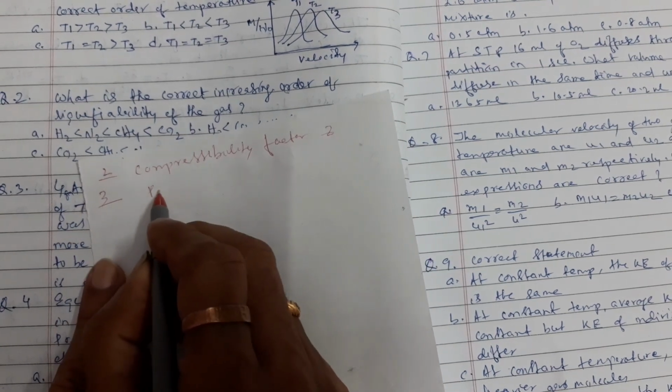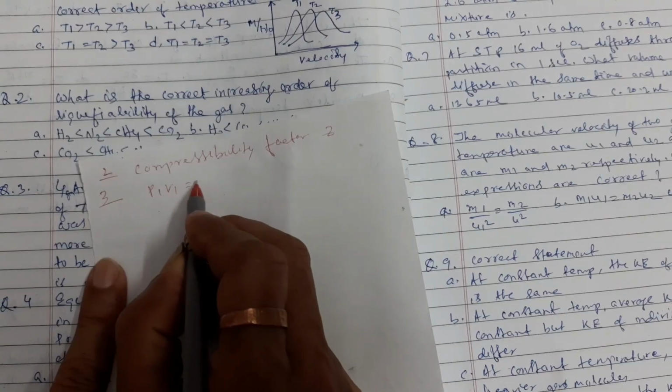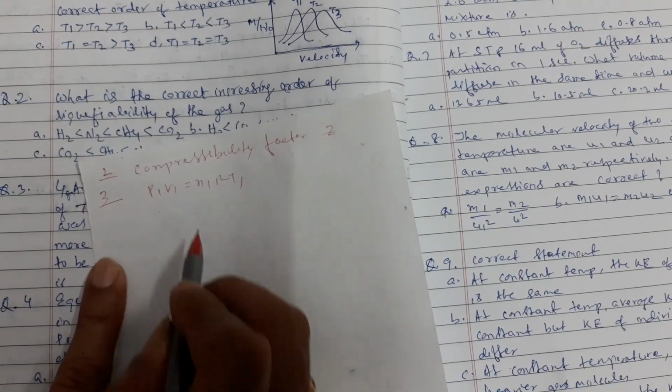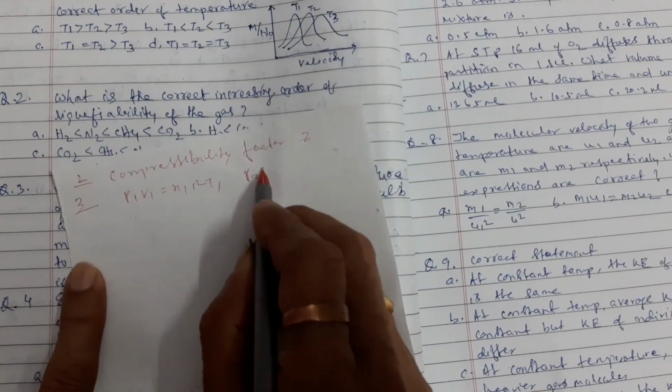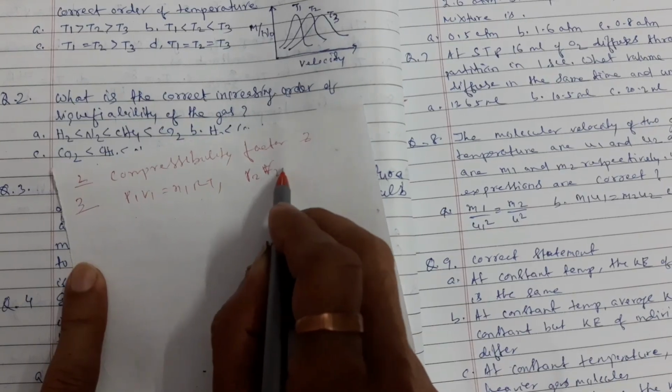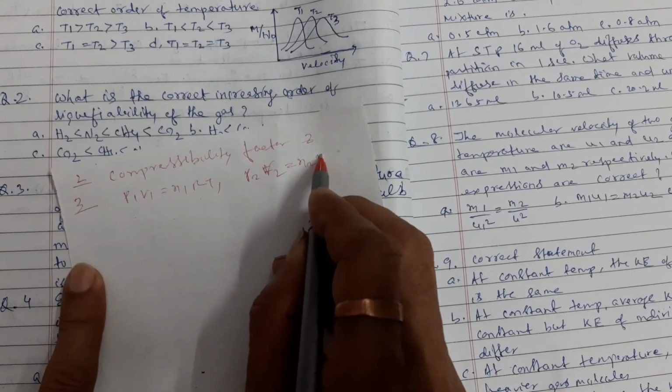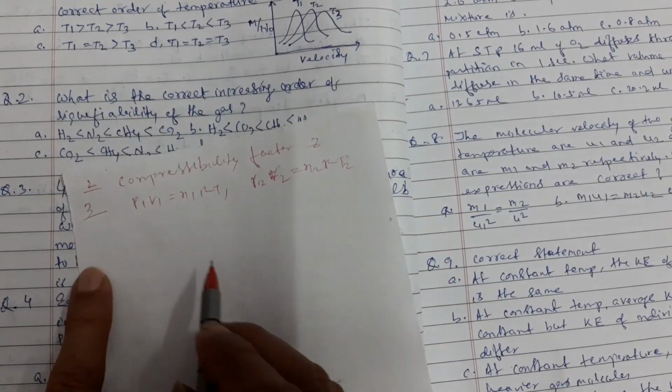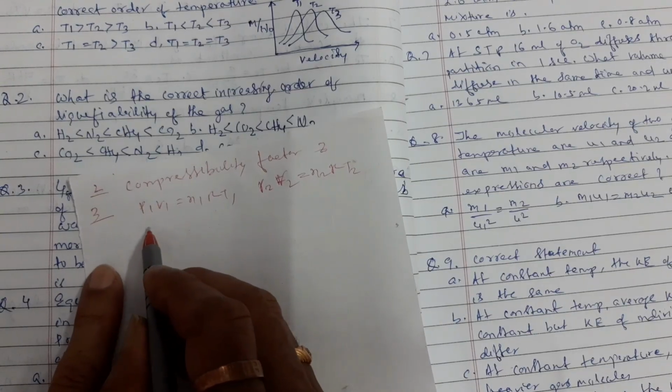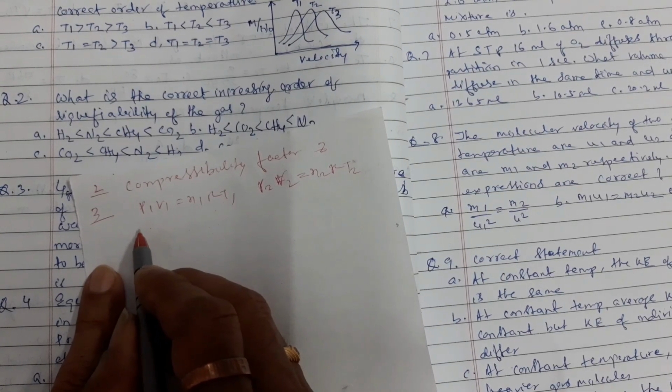We know P1 V1 is equal to N1 R T1. Similarly, P2 V2 is equal to N2 R T2. In both the cases P remains constant.